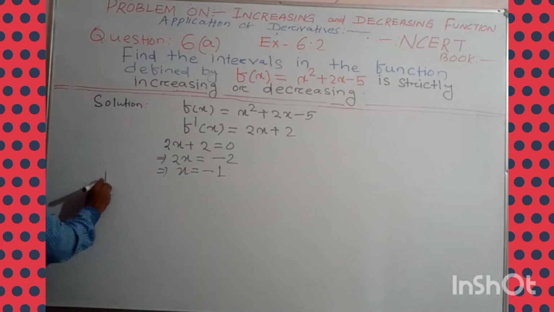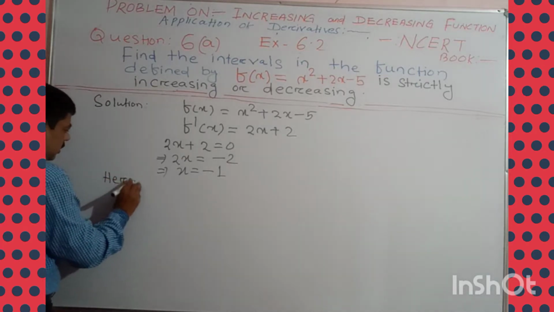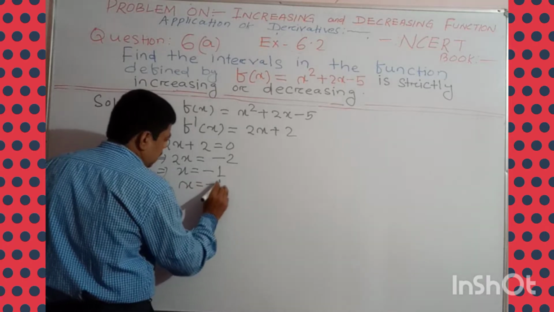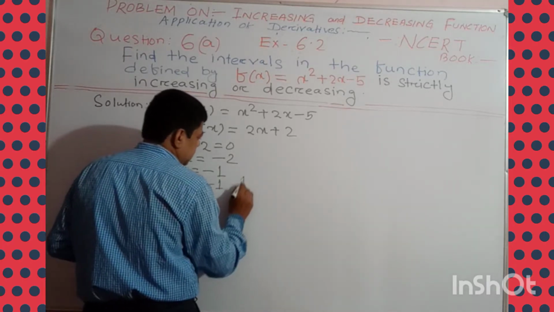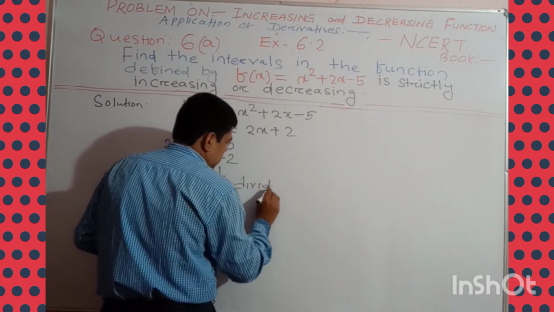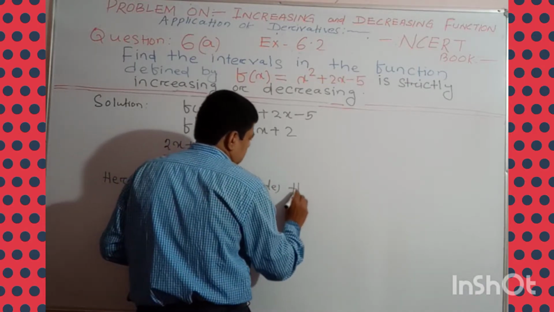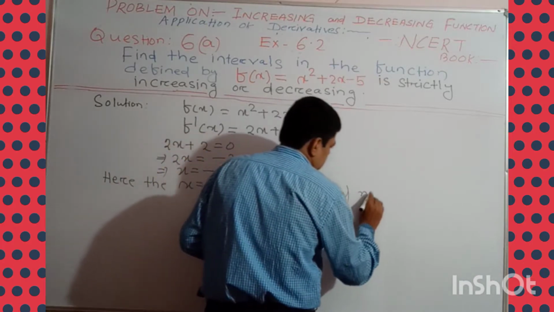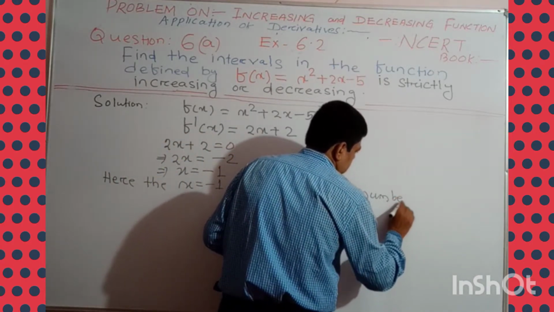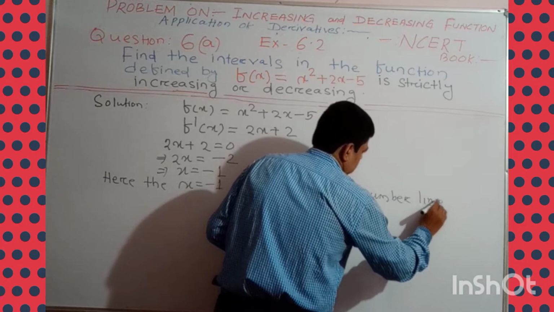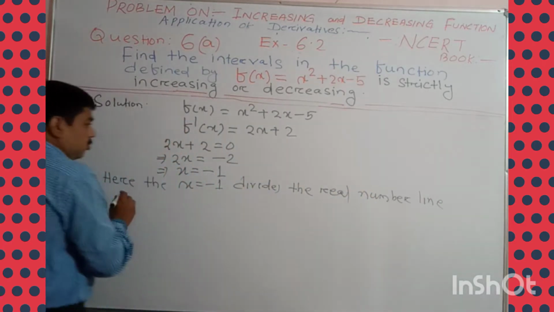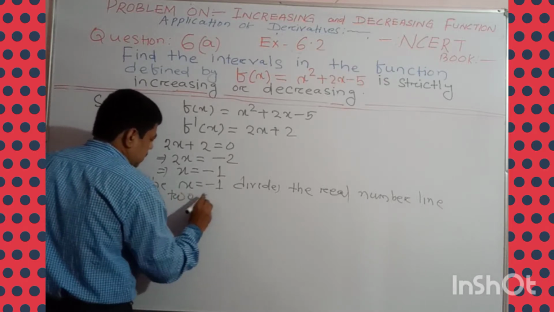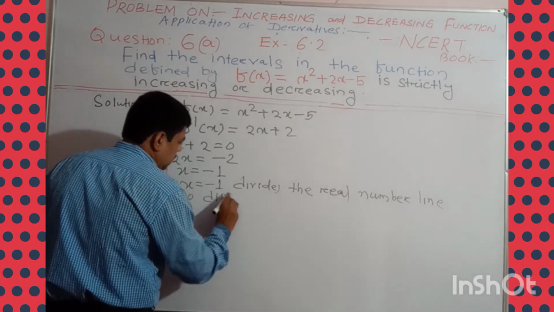Here, in the domain, the real number x = -1 divides the real number line into two disjoint intervals.